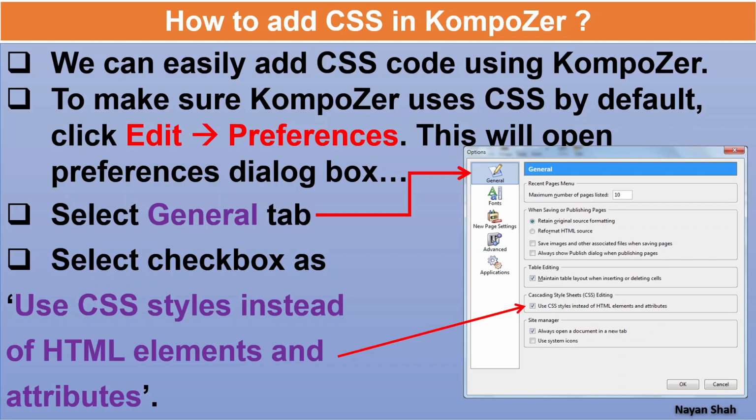General tab. And in the General tab, which checkbox are you supposed to observe? The checkbox which says use CSS styles instead of HTML elements and attributes. Make sure this checkbox is ticked, and then click OK, so that Composer will use CSS rather than using HTML attributes.